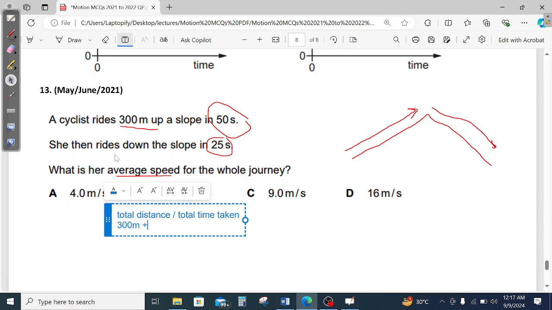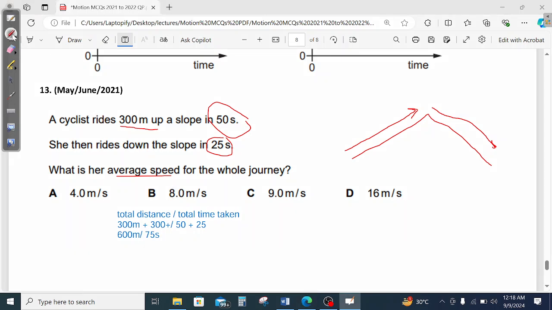So 300 meter plus 300 meter divided by total time: moving upward it takes 50 seconds, and moving downward it takes 25 seconds. In the numerator you get 600 meter, and in the denominator 75 seconds. Solve this: 600 divided by 75 is 8. So your option will be B.